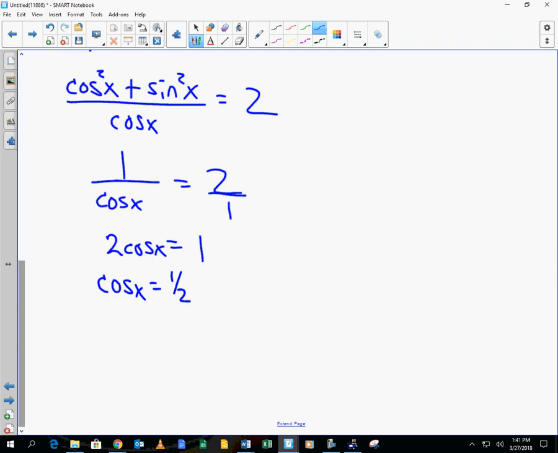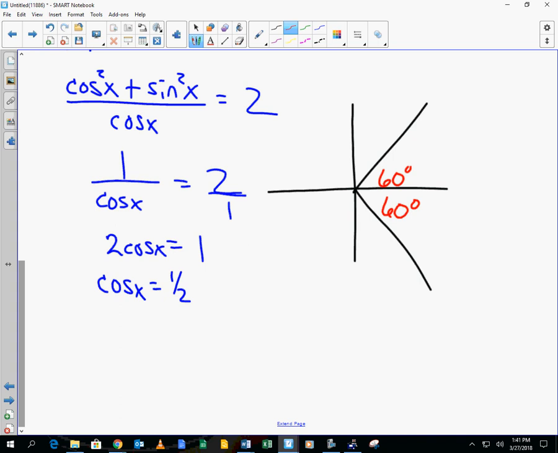And now you're trying to identify where cosine is positive. Okay, you inverse, you got 60, so 60 and 300, good. Okay, wow, well. That seems like a good option, but we made about 5 legal mistakes along the way.